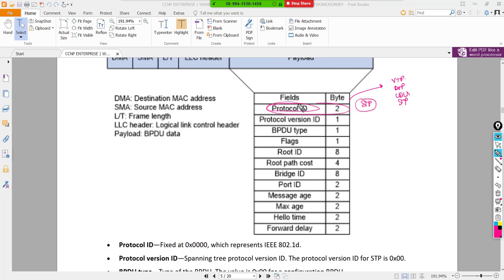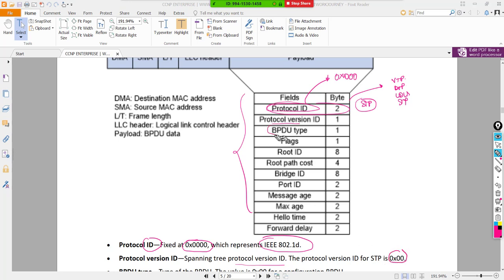To say that this payload or this data is for STP, there will be an identification number. So for STP, it will be something like this, which represents 802.1D. It will have the protocol version ID, basically which STP protocol version it's running.